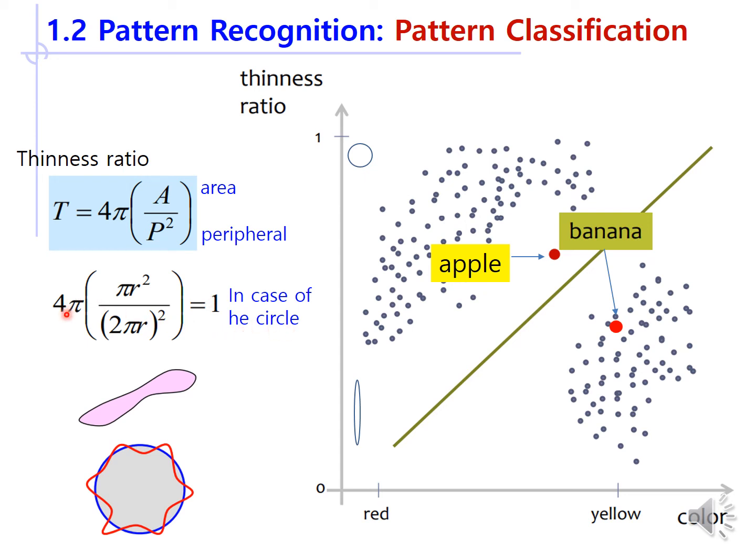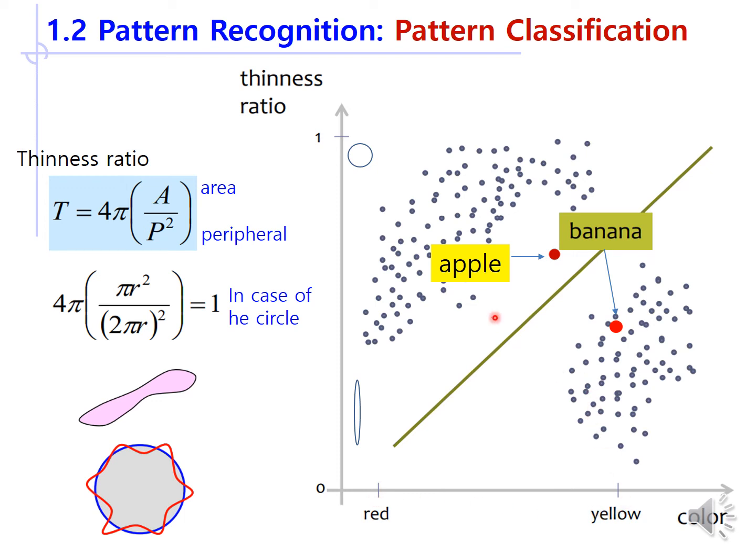In the case of a circle, the area is pi r squared and the perimeter is 2 pi r, and taking the total, it is 1. That means 1 is a totally round object, and as the number decreases, the shape becomes longer and longer. And this is the thinness ratio.